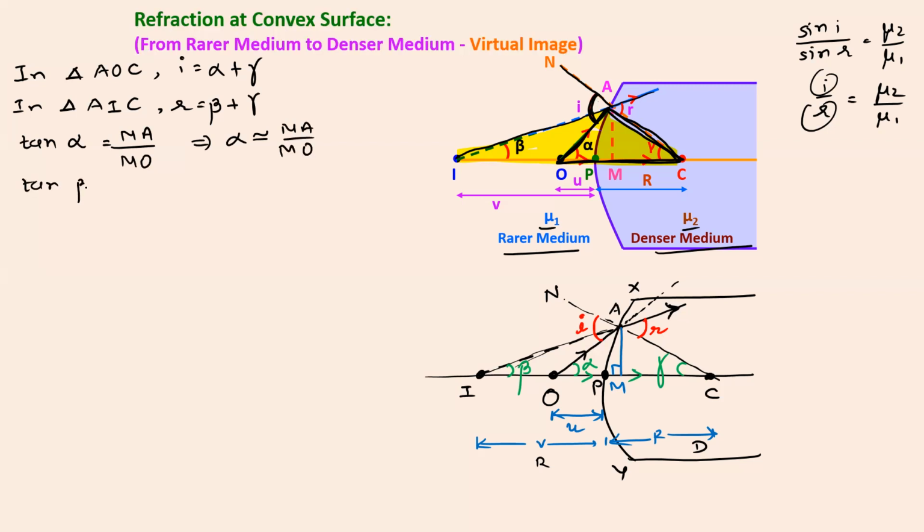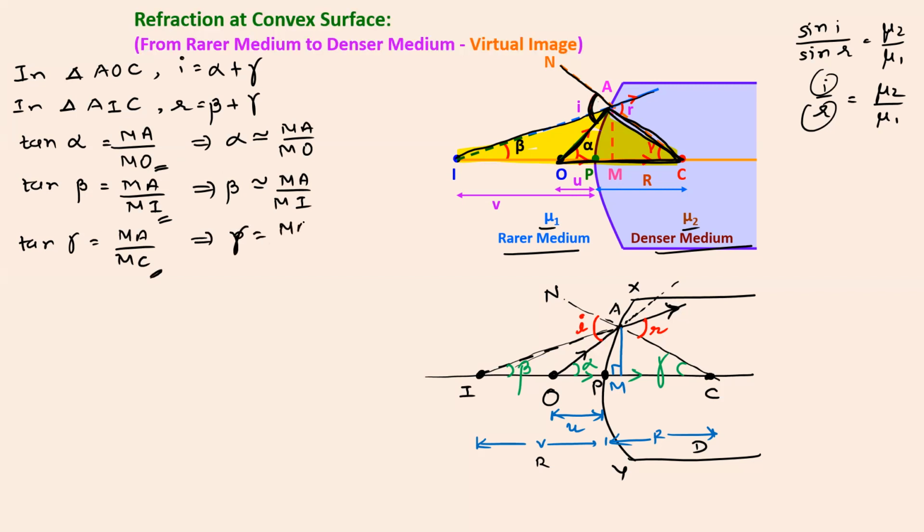Then tan beta is equal to, always beta will be with I, so MA by MI. And gamma will be with C only, so gamma is equal to MA by MC.